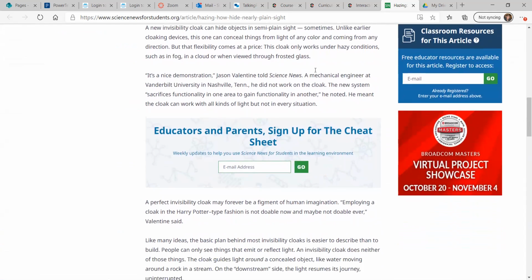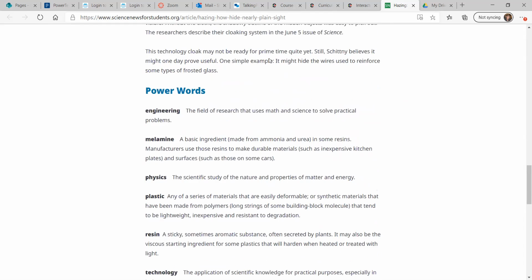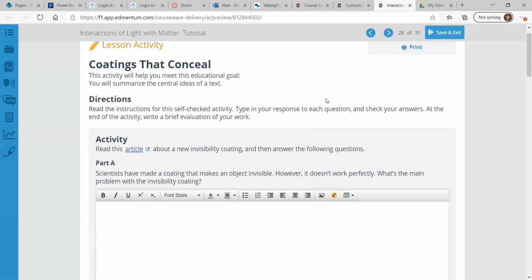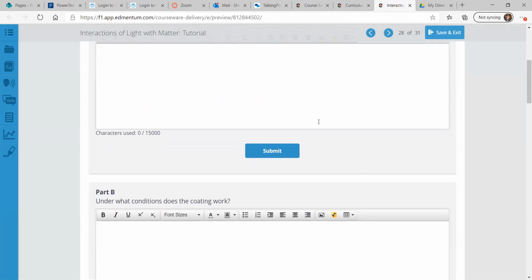It only works under hazy conditions like fog, in a cloud, or through frosted glass. So it's not perfect, but go read that article if you're interested, and then answer these questions.